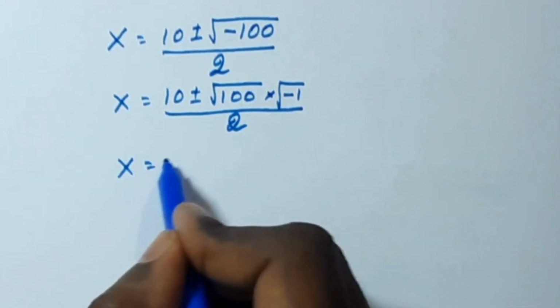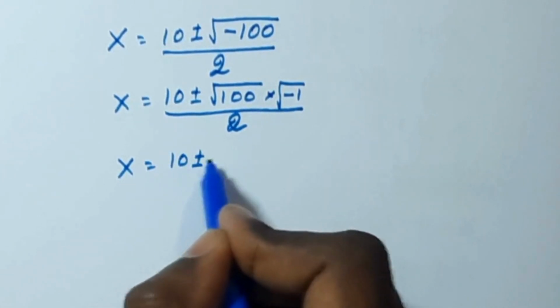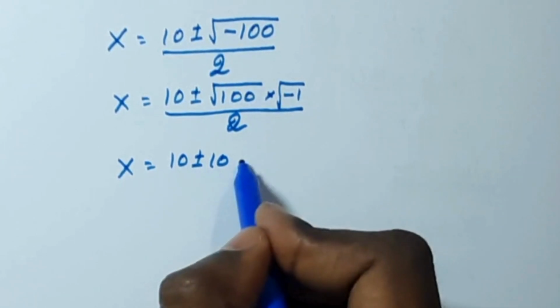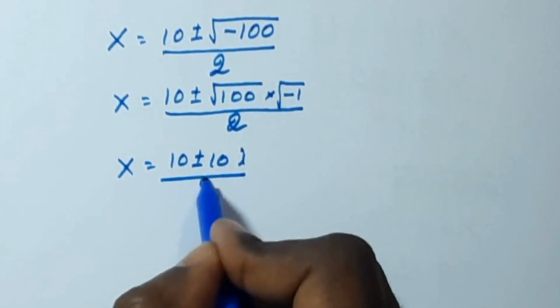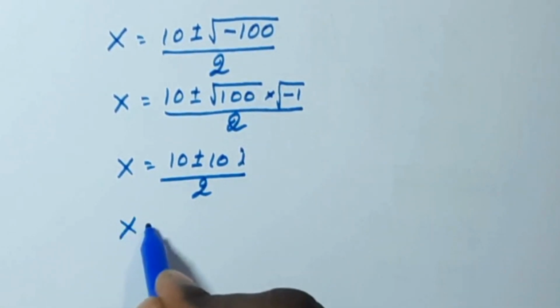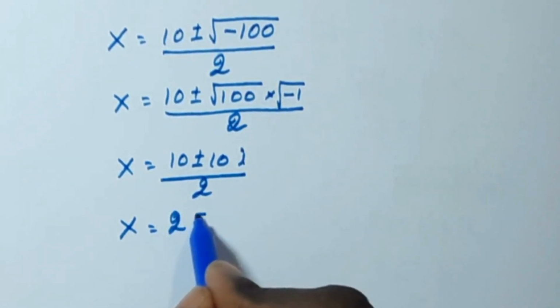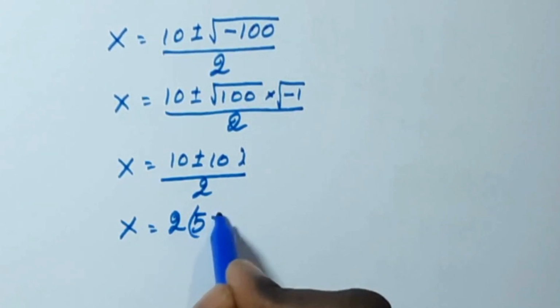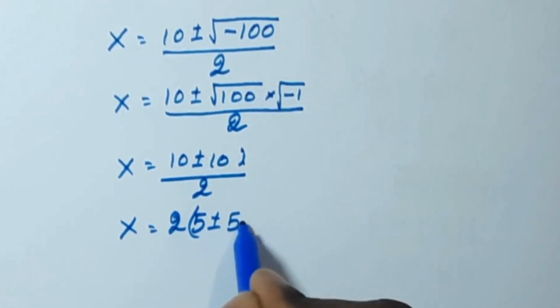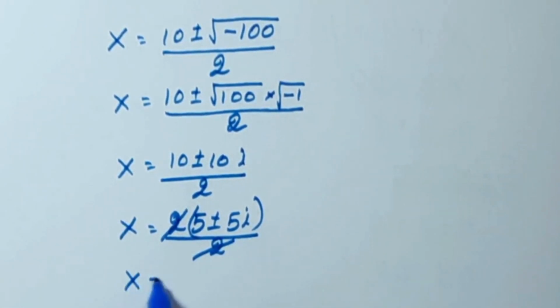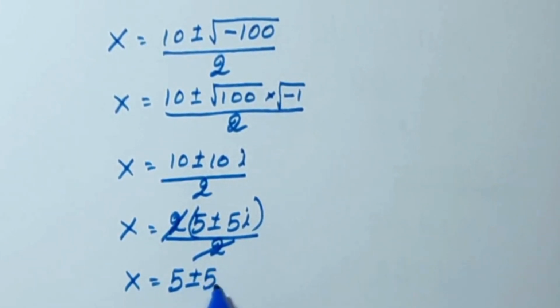The square root of 100 is 10, and the square root of minus 1 is i, by 2. Now we take 2 common out: 2 times of 5 plus or minus 5i by 2. This 2 cancels, so we have x equal to 5 plus or minus 5i.